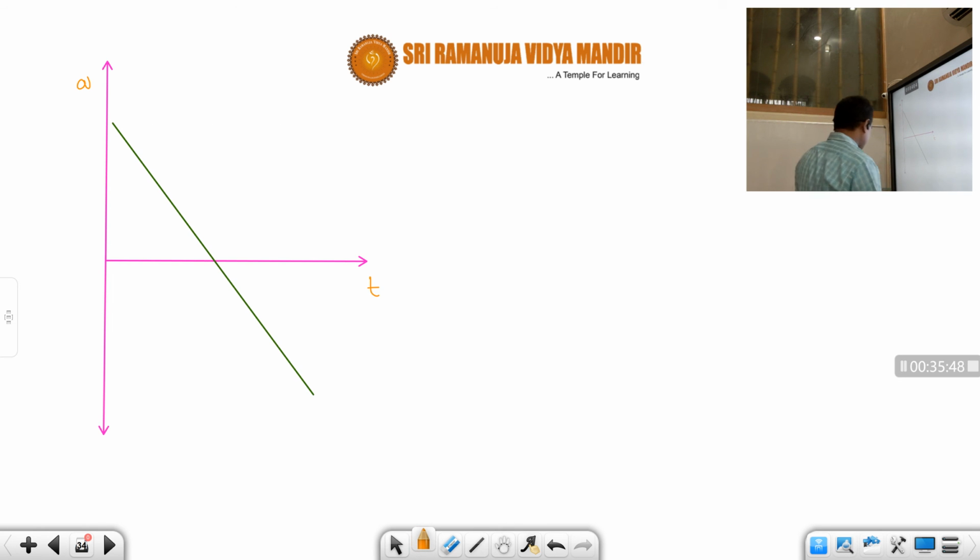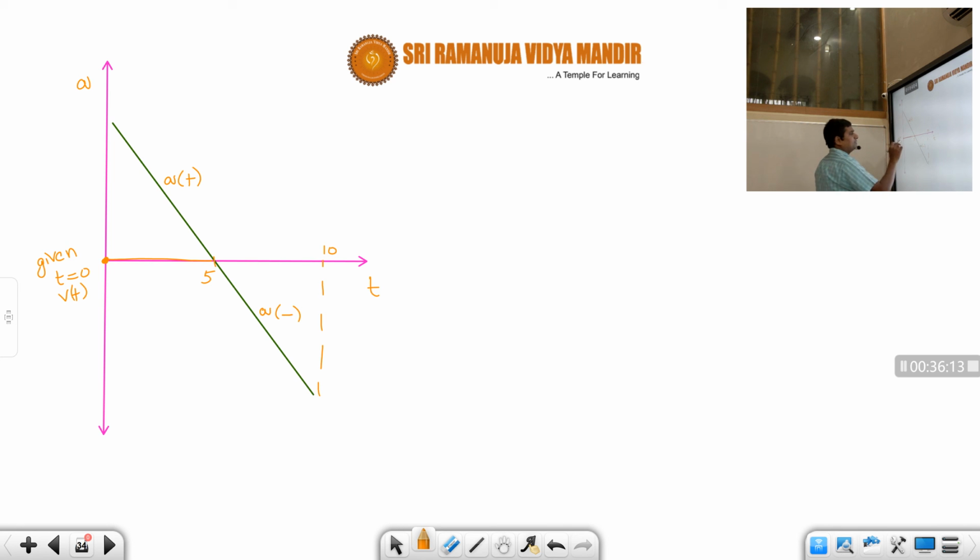By this time you must know how to analyze. Let us say at time t equal to 0, v is positive. From t equal to 0 to 5 seconds, and let's say this is 10 seconds, during this time acceleration is positive, because the graph is above, and during 5 to 10 seconds the acceleration is negative.